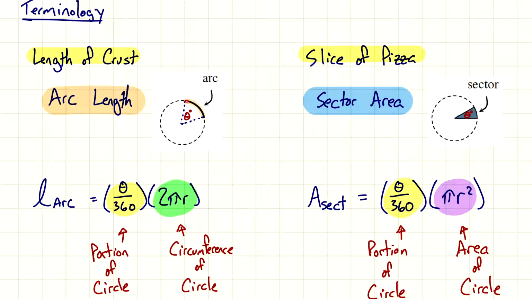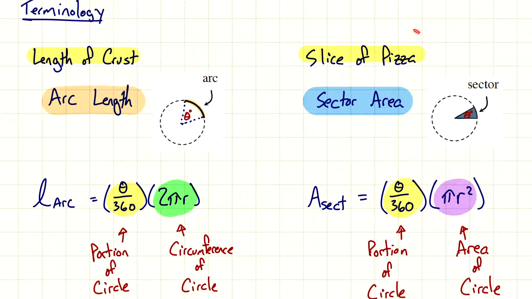This arc is a portion of the circumference. We already know the circumference goes all around. So when we just take a piece of it, we call this the arc. And if I want to know the length of that arc, then it's like finding the length of the crust.